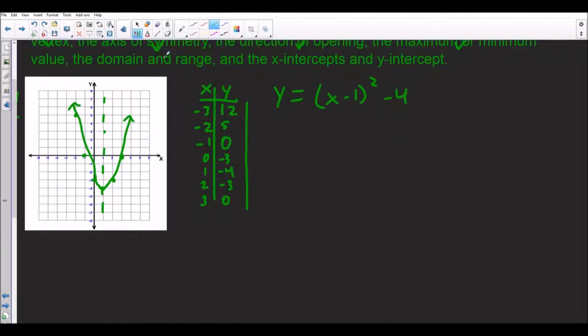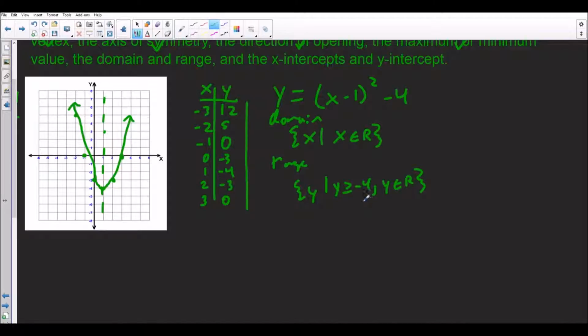When we're looking at the domain and range, we can look at our graph and our formulas, and see that the domain is always the same, right? So x is contained in real numbers. Now the range, we look at the y values. The lowest point y is going to be is negative 4. So y is greater than or equal to negative 4, y is contained in real numbers.